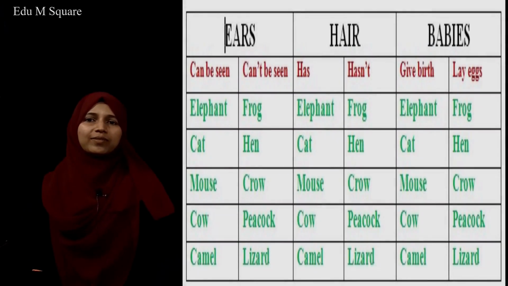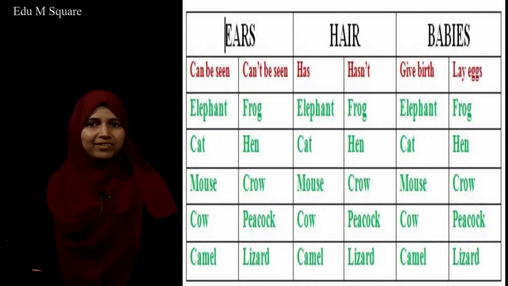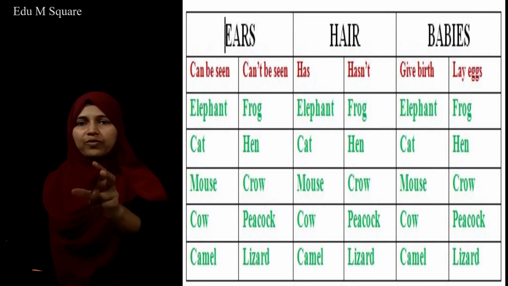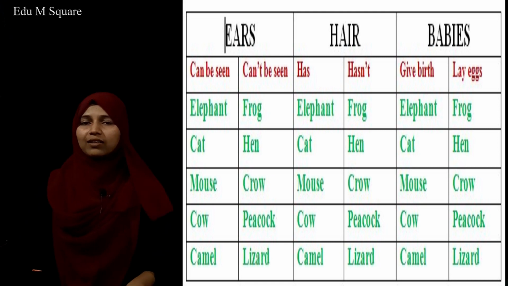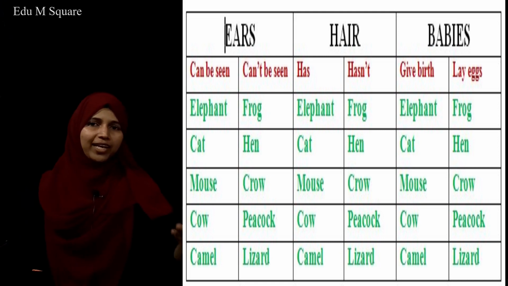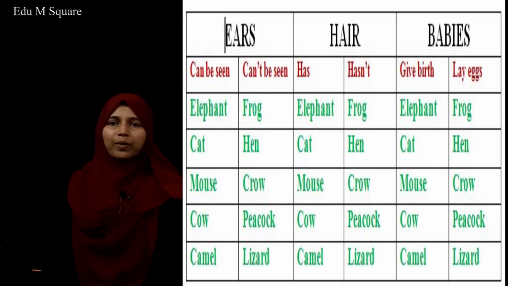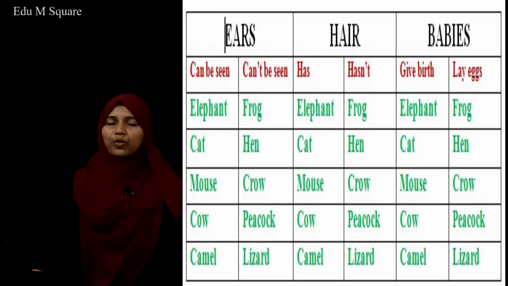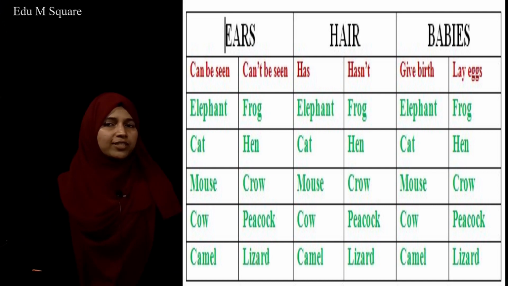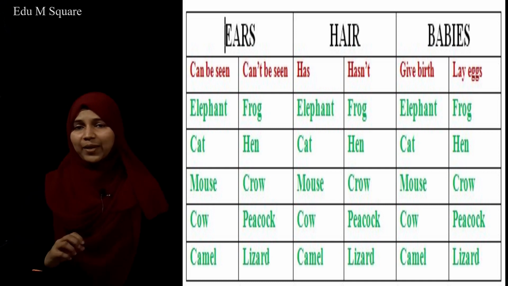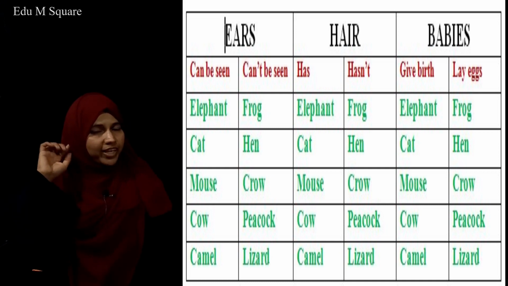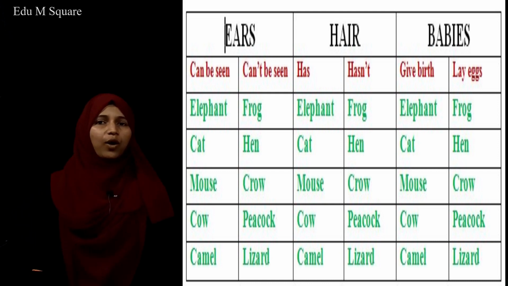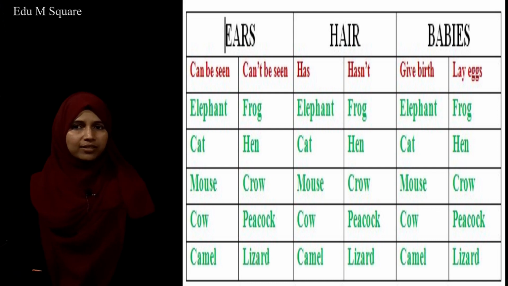Look at the tables. What have you noticed? The animals in the first column of these three tables are the same. Similarly, in the second column, the animals are the same. So, what can we conclude from this? The animals whose ears we can see outside have hair on their skin, don't they?